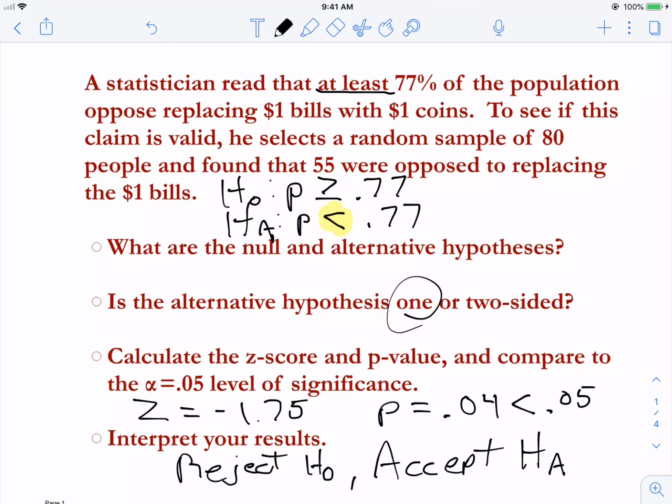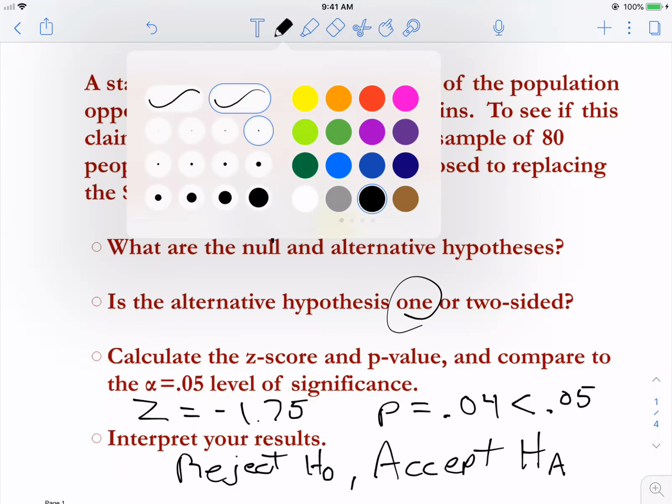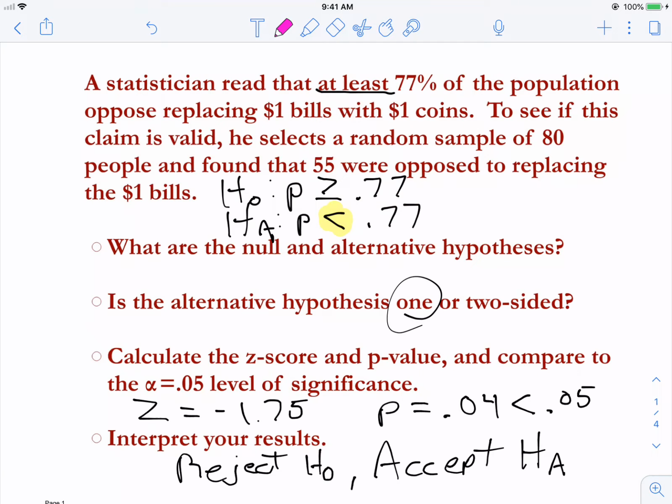All right. Now, let's just say this was a two-sided alternative hypothesis. Okay? The calculator would do this for us, but if we were doing this by hand and we got this p-value of 0.04, now, again, that represents down in this tail.